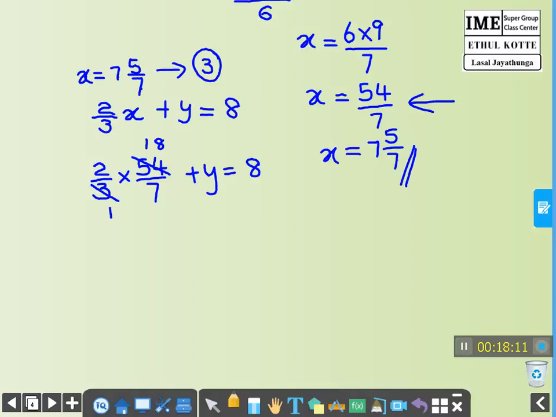Yeah. Then it's 36 over 7 plus y equals to 8. To obtain y, send this one to the other side as subtract 36 upon 7.